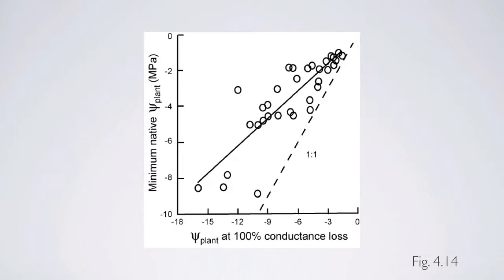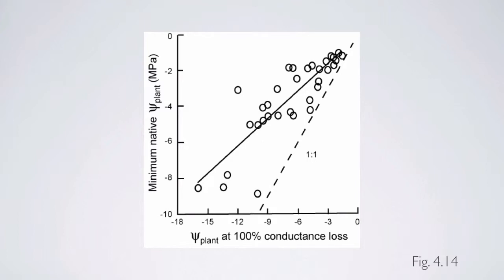As a consequence, there's a relationship between the water potential at which plants cavitate or lose all the ability to conduct water, and that's here on the x-axis, and the minimum water potential that we see in nature here on the y-axis.